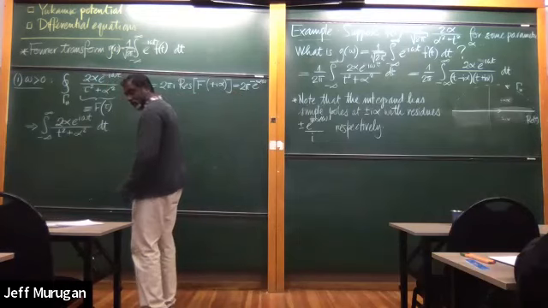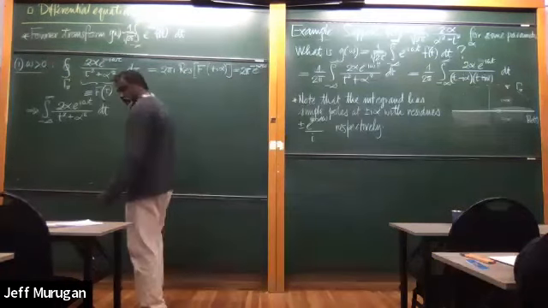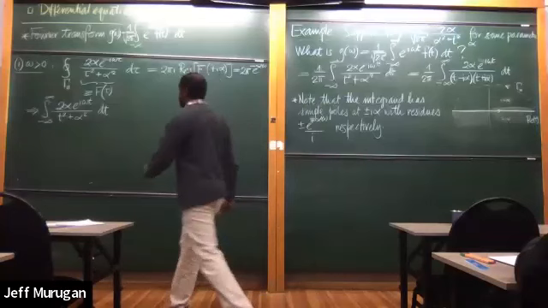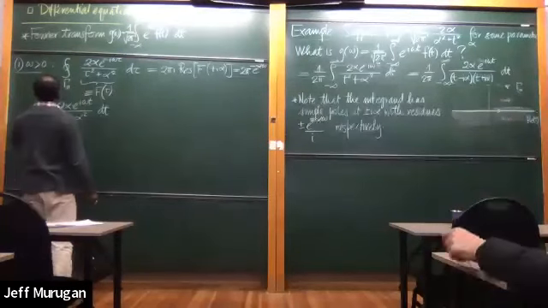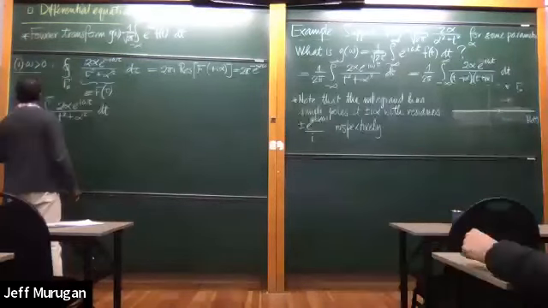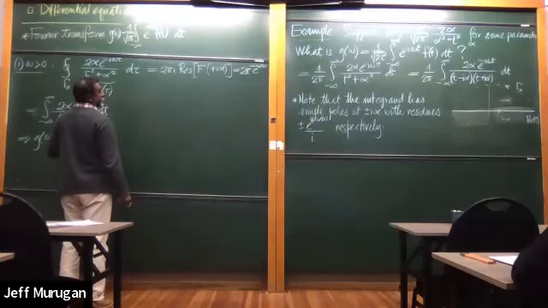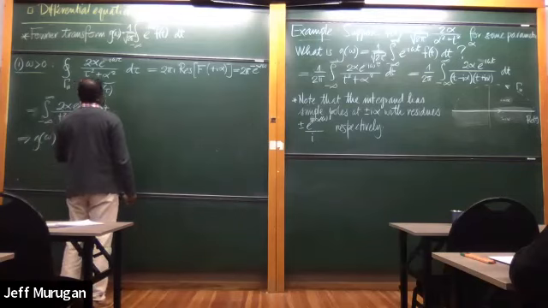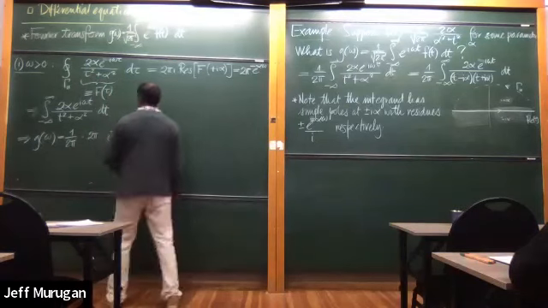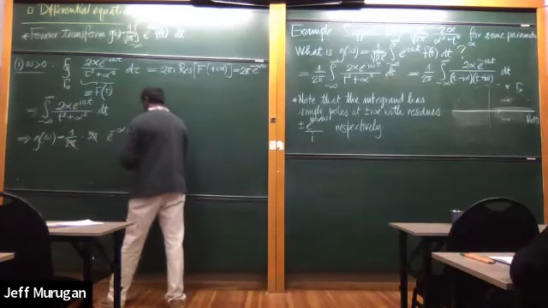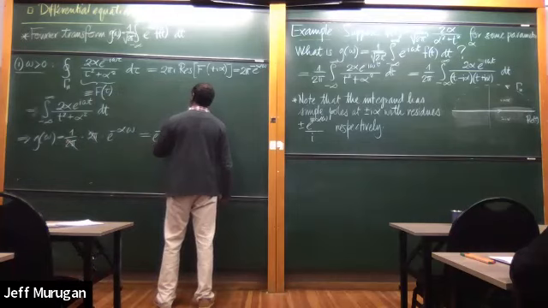So that tells me then that my g of omega is one over 2 pi times 2 pi times e to the minus alpha omega. 2 pi times alpha. g of omega is e to the minus alpha omega.